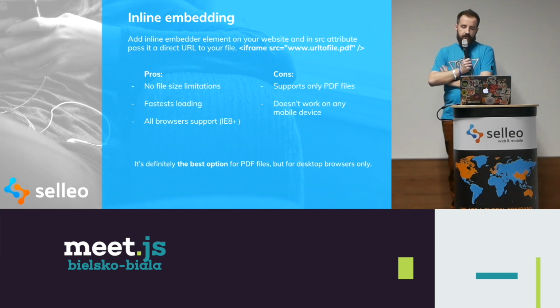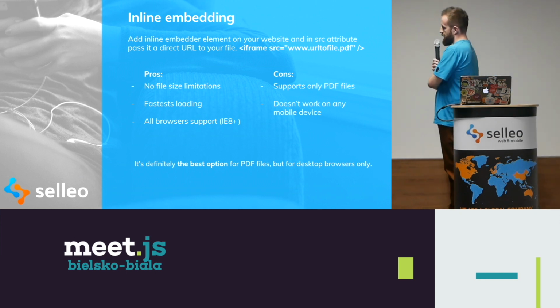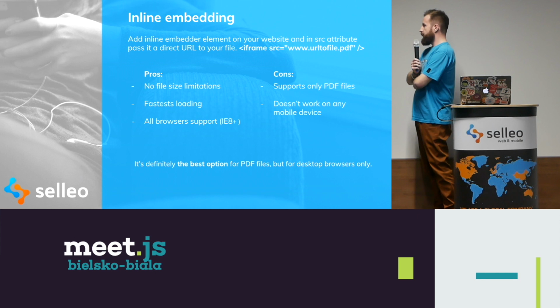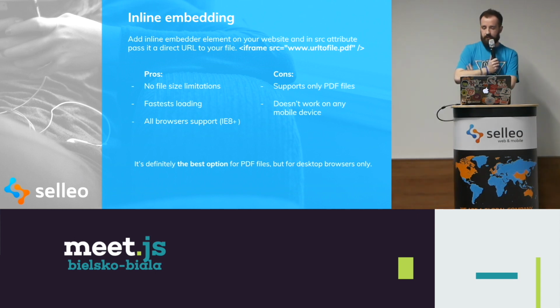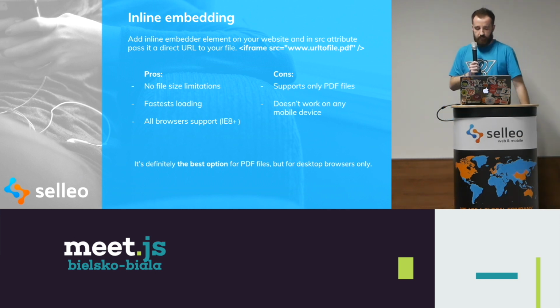The bad thing is it only works for PDFs. But I would say it's very useful because it's native support, there are no file size limitations, and it's the fastest loading of all the solutions. It supports even Internet Explorer 8, which is very surprising.